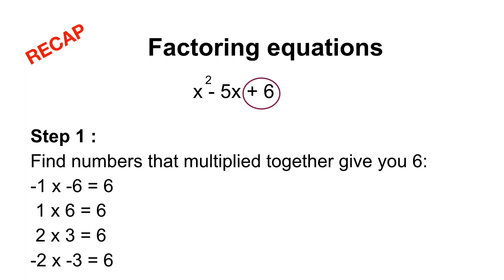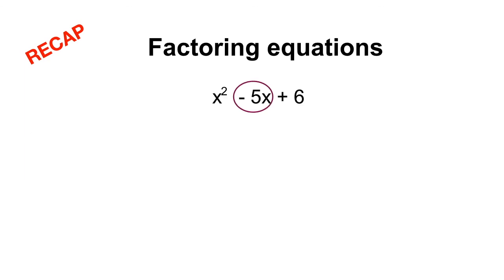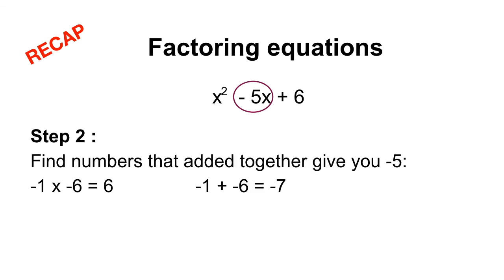Okay, so minus 1 times minus 6 gives you 6. 1 times 6 gives you 6. 2 times 3 gives you 6. Minus 2 times minus 3 gives you 6. Second step is you're going to look at that middle number, and you have to find the numbers you looked at before that when you add together give you minus 5.